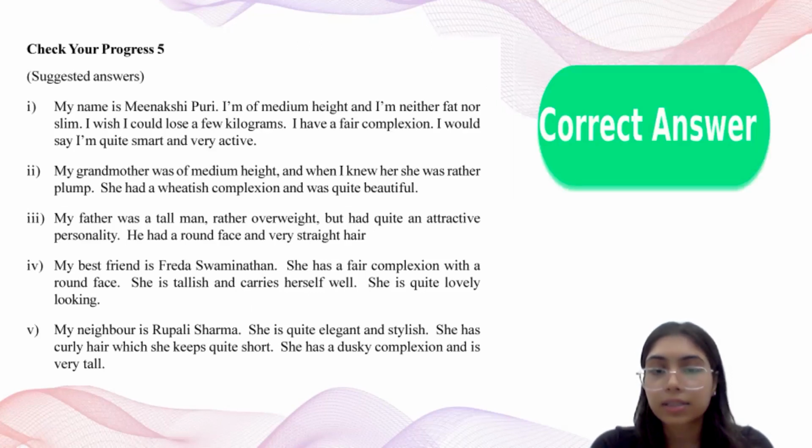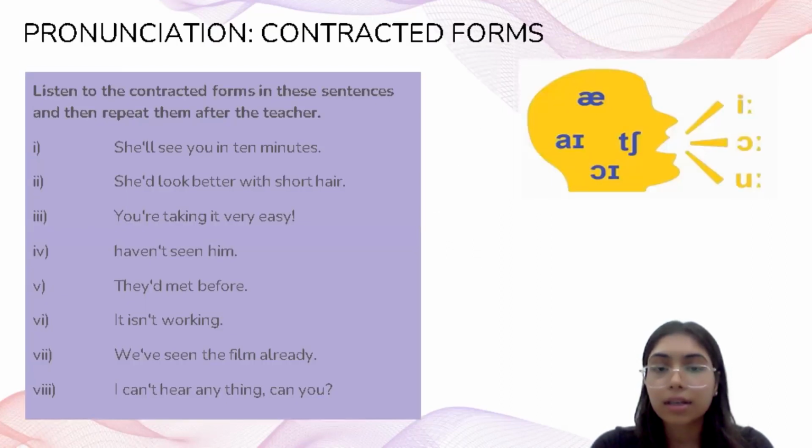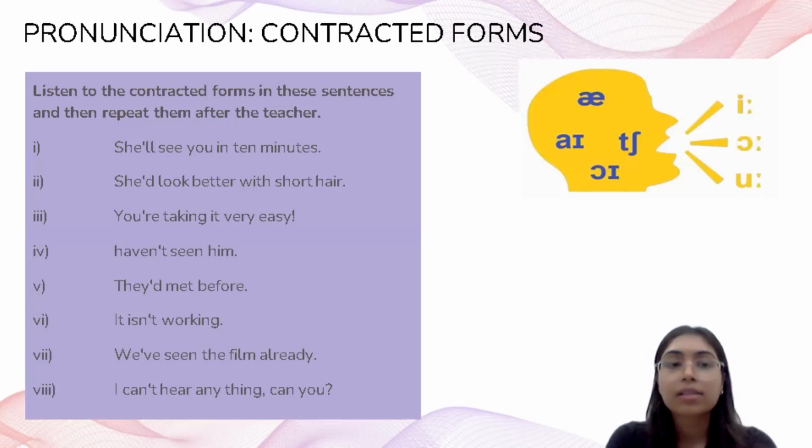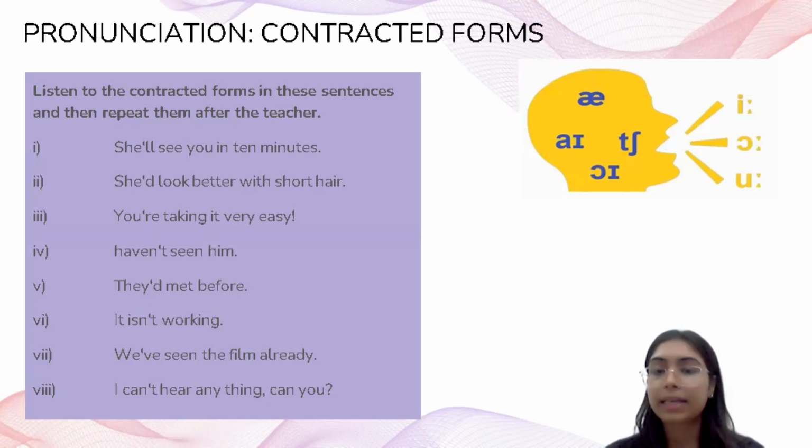Now let's see what is next. So this is a pronunciation round. Contracted form. We learned about contraction, a smaller version of two words. So we contract them, make them short and concise. Listen to the contracted forms in these sentences and then repeat after me. She will see you in 10 minutes.